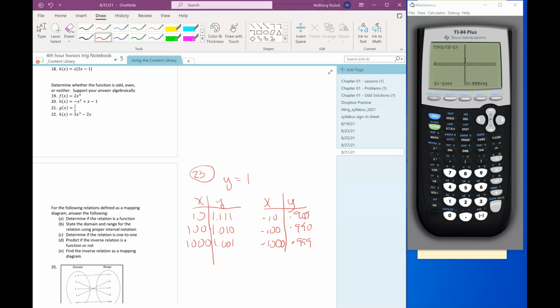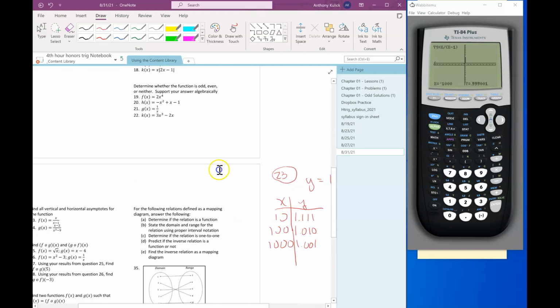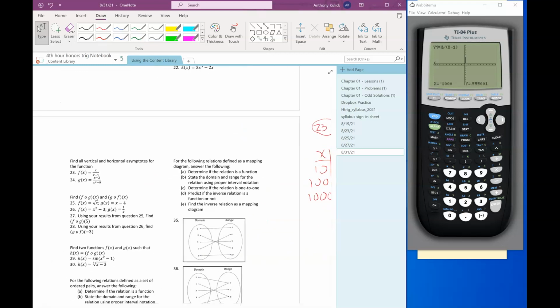Okay, what's up? So, the vertical asymptotes are negative and positive 3. Okay, that seems fine. And the horizontal asymptote, yep, that's probably what you observe.